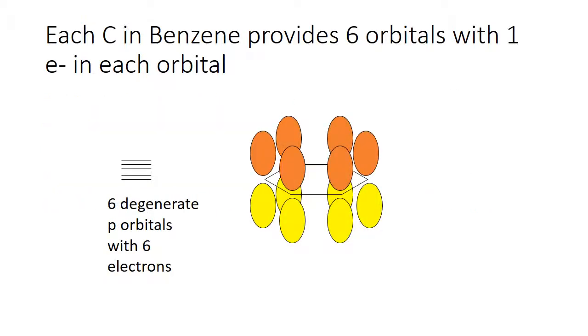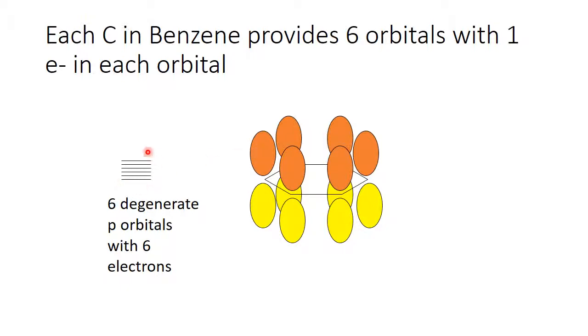So here's a picture of each of the carbons in the ring providing a p orbital to form the pi system. As you can see, there's no break in this. As you go from carbon to carbon, there's a p orbital from each one. Each p orbital has 1 electron in it. So there are 6 electrons in this system.